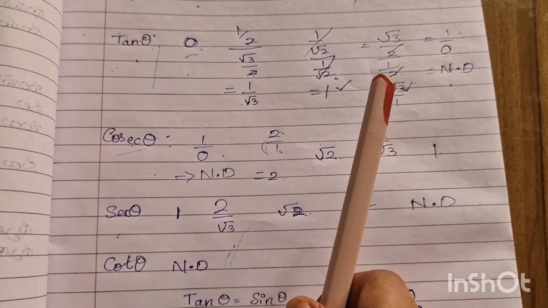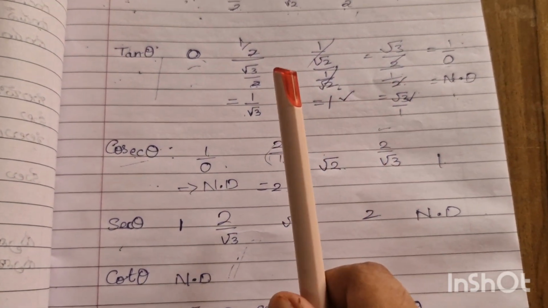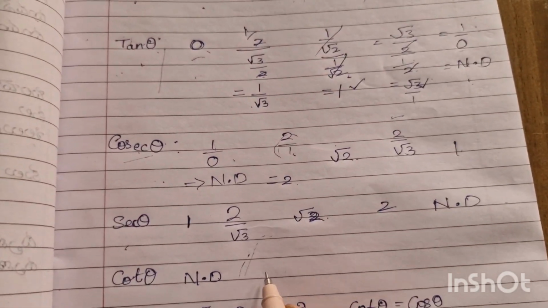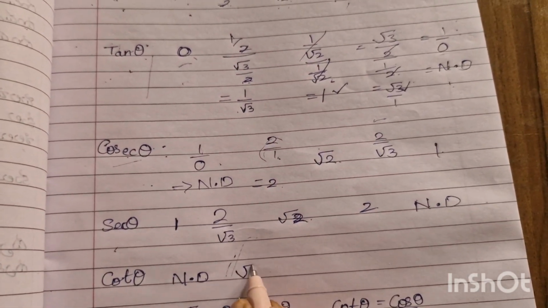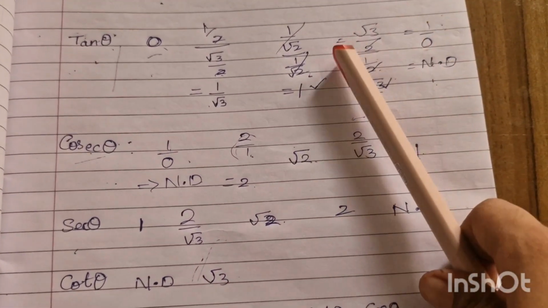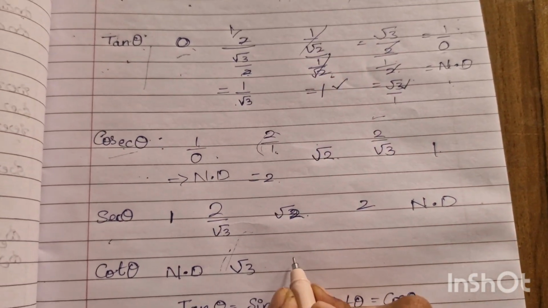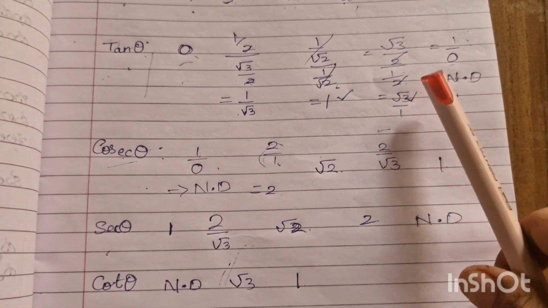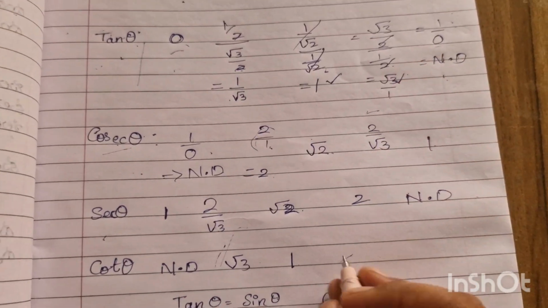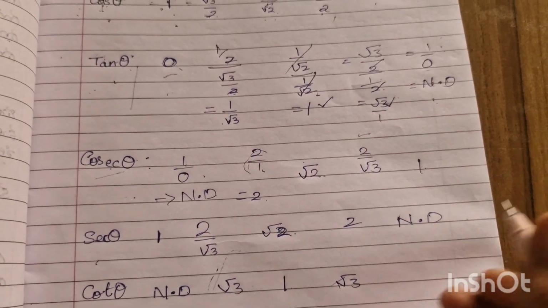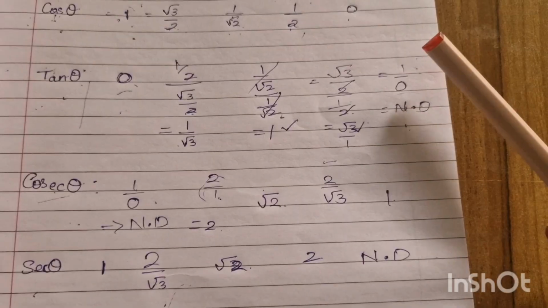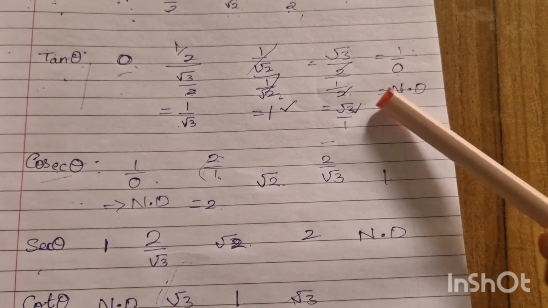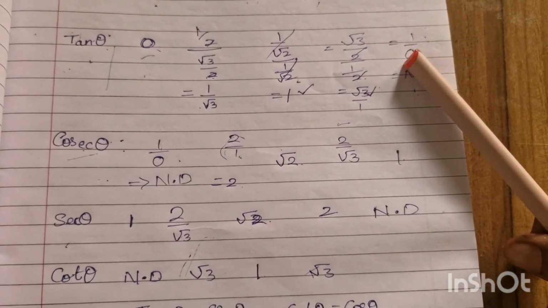And the reciprocal of 1 by root 3 is root 3, and the reciprocal of 1 is 1, and the reciprocal of root 3 by 1 is 1 by root 3, and the reciprocal of not defined is 0.